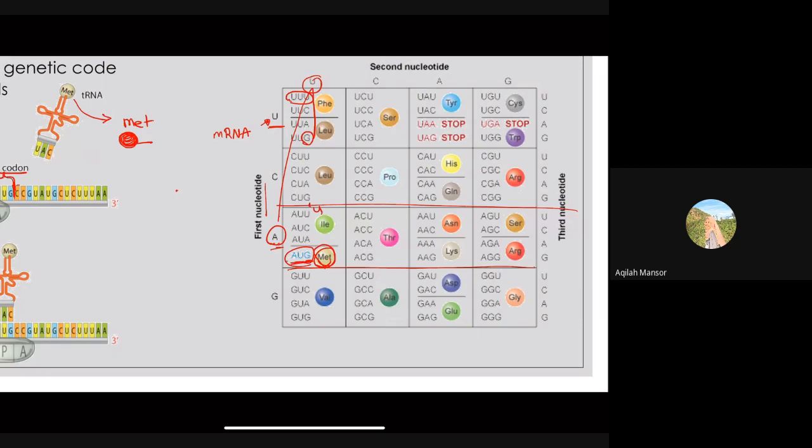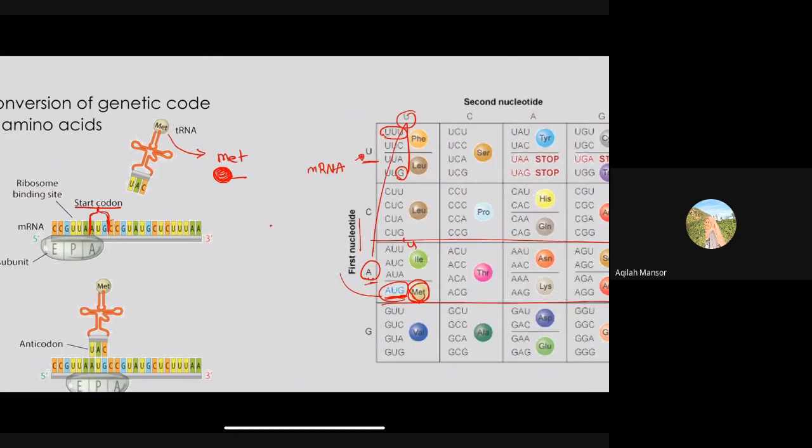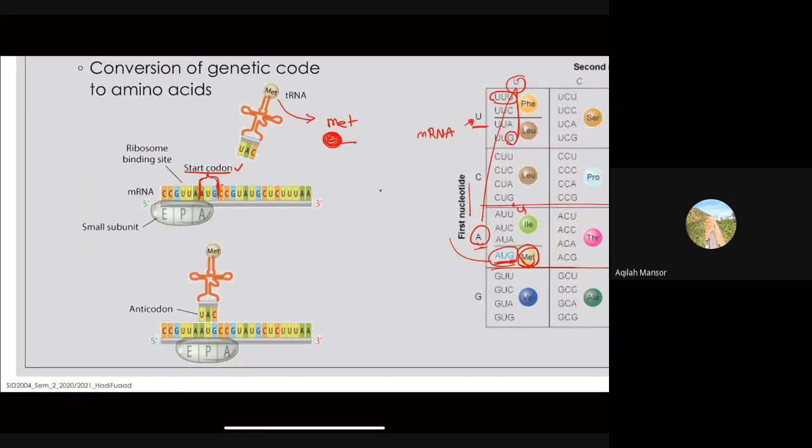So it is always the start of every single protein in our body. As simple as that. That's why we call it a start codon.